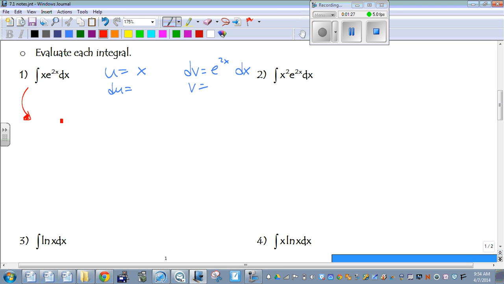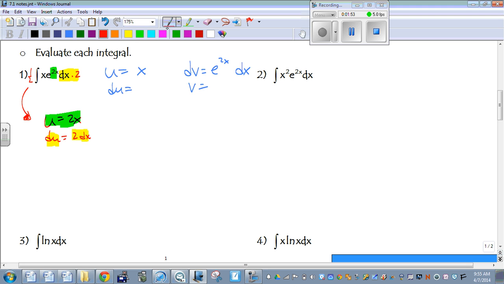But let's say we went ahead and said u is 2x, because that should be your first instinct with what we've learned in the past. Then du would have to be 2 dx. So you'd multiply the inside by 2, outside by 1/2. If we were just using regular u substitution, that would make this into our du, and this is going to be our u.